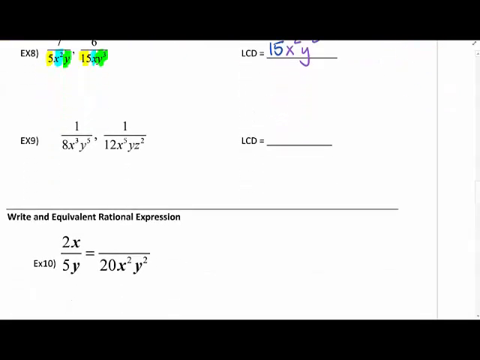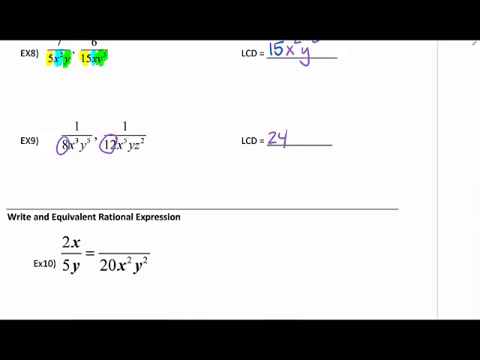Number 9, this one's not quite as straightforward, but stop and look at 8 and 12. So I a lot of times will say, she does it differently than me. I would take 12 and say, what's the next multiple of 12? It's 24. Does 8 go into it? Yes. So that works. If it didn't, I would go the next multiple and then do it that way. There's multiple ways to do that, but that's one shortcut for doing those pieces.